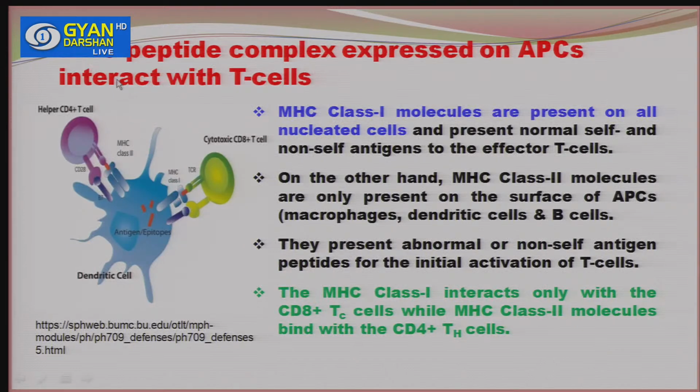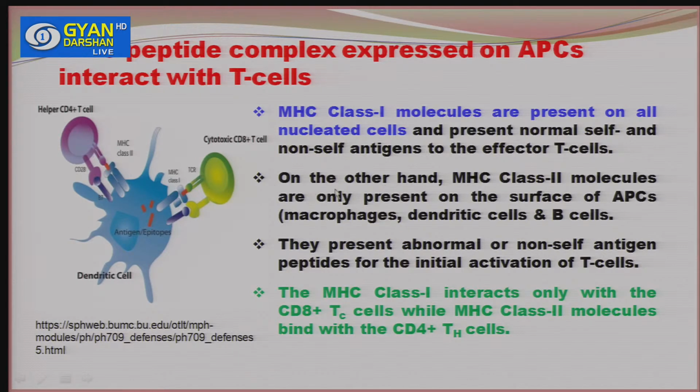Another thing I want to discuss: the MHC peptide complex expressed on the APCs interacts with the T cells. And MHC class first molecules are present on all nucleated cells. I have already discussed it. MHC class first molecules are present in all nucleated cells and present normal self and non-self antigens to the effector T cells.